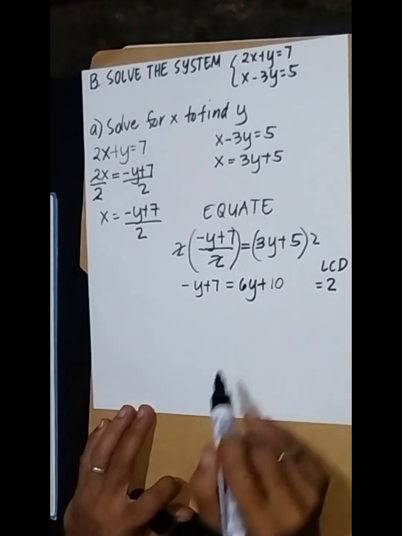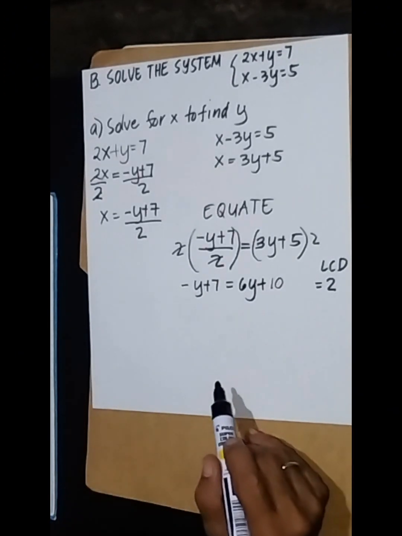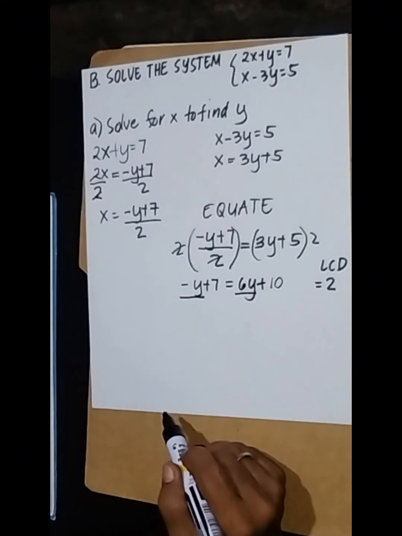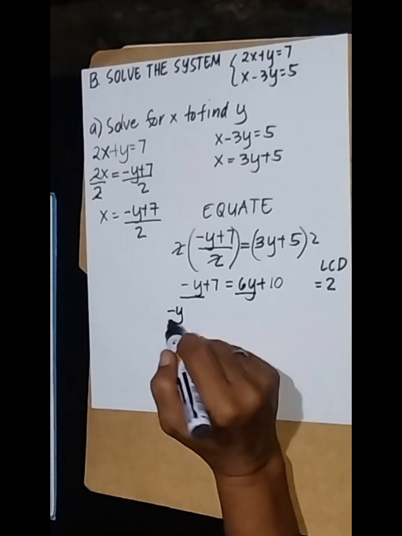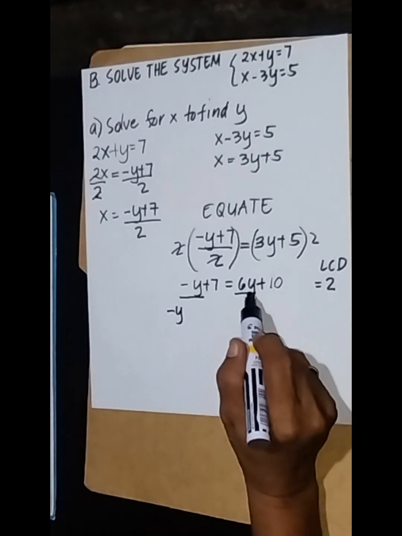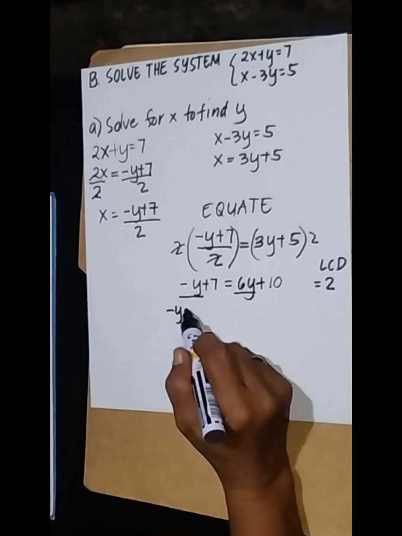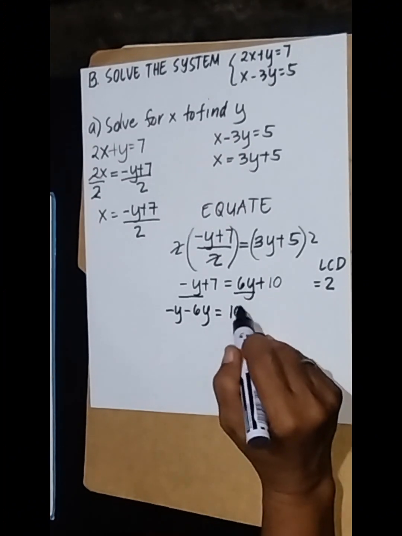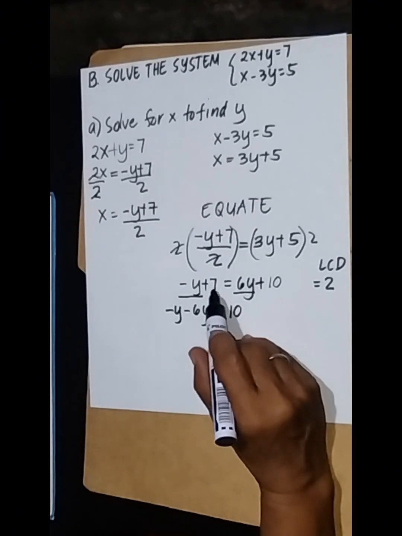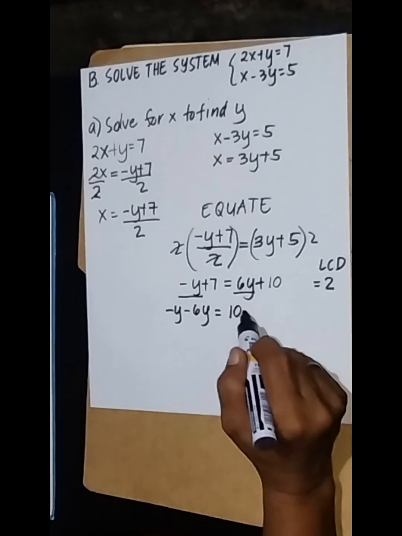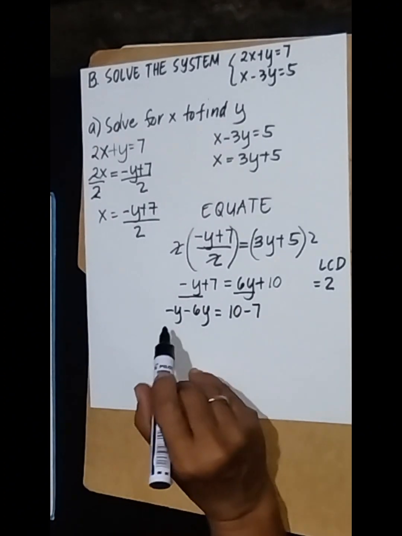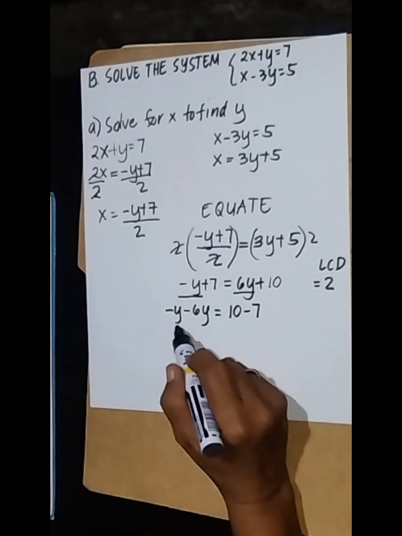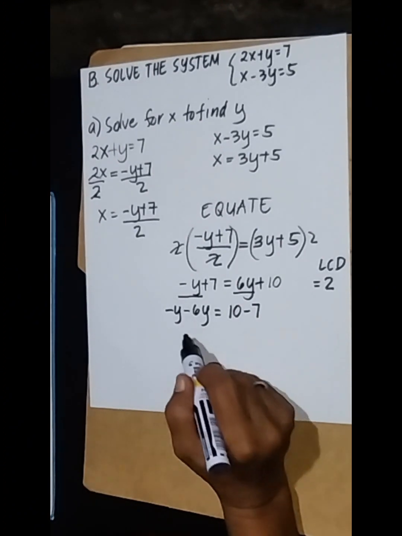is 10. Now, we have to combine like terms. We have negative y and positive 6y. So, negative y. Since ilipat po natin ang 6y sa left side, so magiging negative na po siya. Equals 10. Ilipat po natin ang constant 7 sa right side, so magiging negative na po siya. So, negative y and negative 6y is, we have to add because they have like signs.